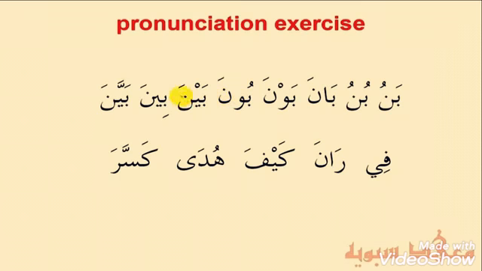Bayna. Then we have Bina. This is a long vowel. Bina. And finally, it's Bayyana. So there's a Shadda there. So it can actually be written as follows. The Ba, then the Ya, followed by another Ya, and then finally the Noon.